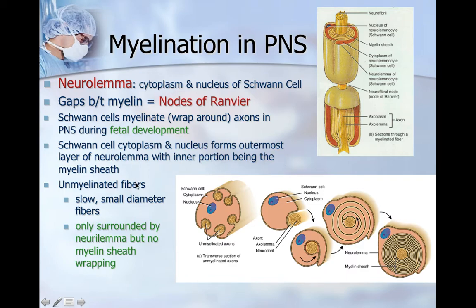Now, unmyelinated fibers are slow and have small diameter, keyword slow. The action potential does not flow through them as fast as it would with a myelinated fiber. They're only surrounded by the neurolemma, but there is no myelin sheath wrapping, okay? So in the peripheral nervous system, it is possible to have a neurolemma around the axon and there be no myelin sheath. All right?